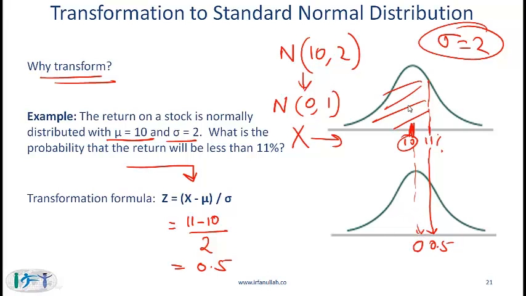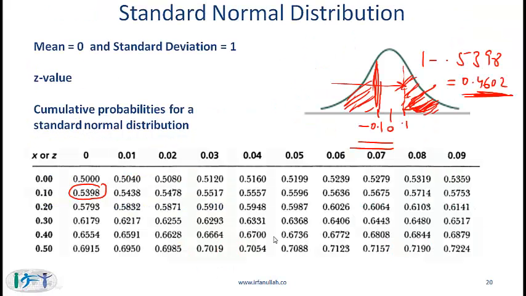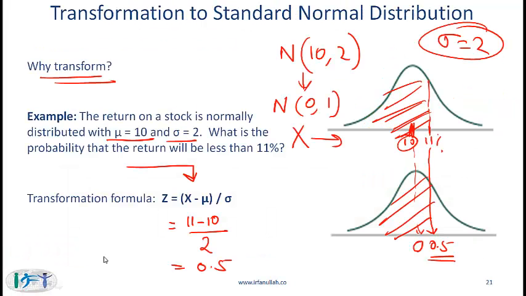So the probability that the return is less than 11% is exactly the same as the probability on your standard normal distribution of being less than 0.5. And this is something that we can look up on our table. If we go back to the table and we look at 0.5 as our z value, then the cumulative distribution is 0.6915. So for simplicity, let's say that this is 0.69.